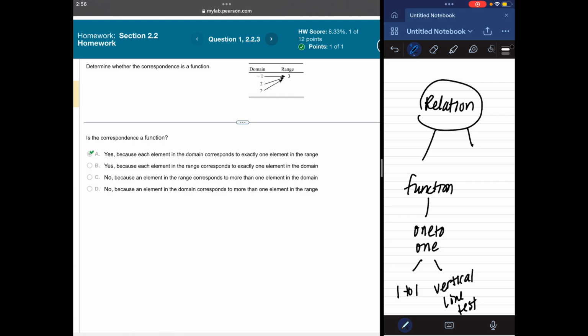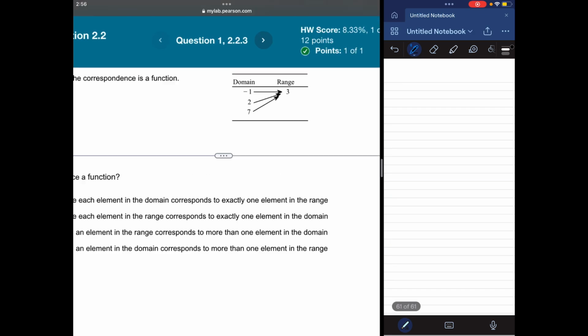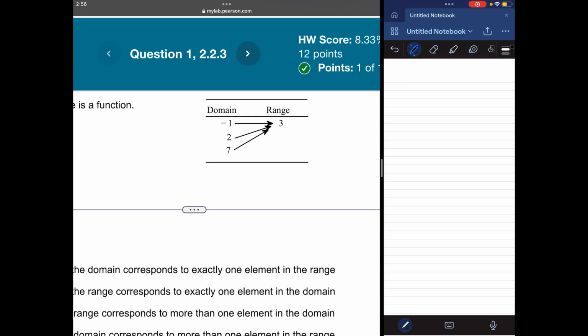And then you have not a function. So what I mean by 1-to-1, in this case, this domain and this range are 1-to-1.